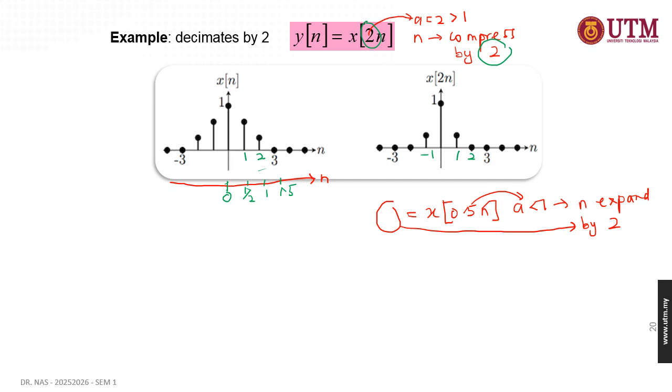Now in discrete time you don't have to consider the decimal points, you just need to consider whole numbers of n. So you don't need to consider 0.5 or 1.5. In this case only 0, 1, and minus 1. Then copy the amplitude. At 0 it is 1, and at 1 the amplitude is this one.